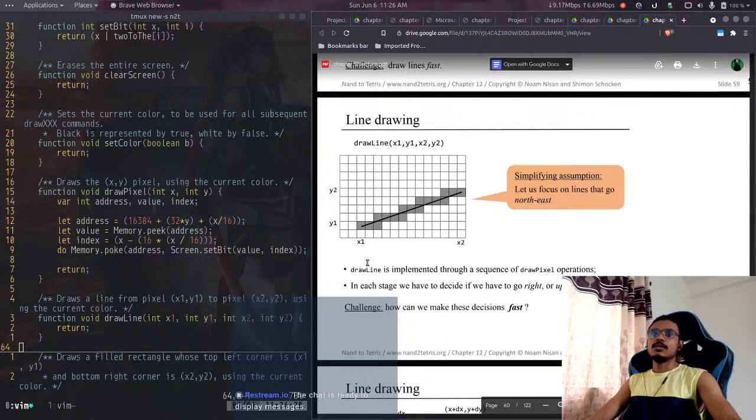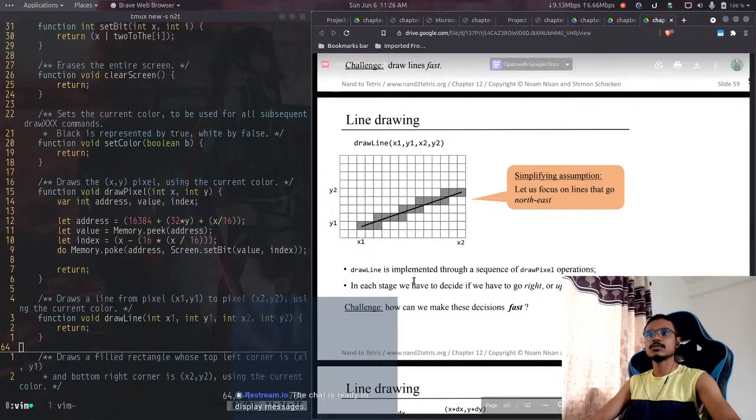Well, not exactly creating the algorithm, because we are already given the algorithm to draw a line that goes northeast, right? Sequence of draw pixel operation. In each stage we have to decide if we have to go right or up.